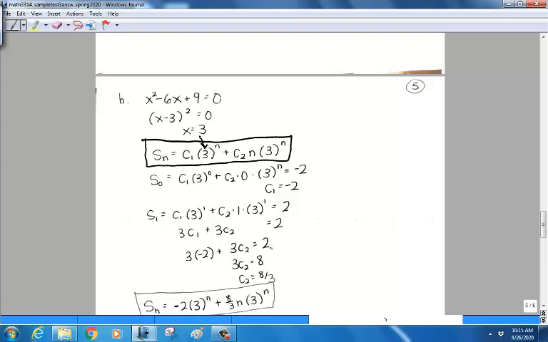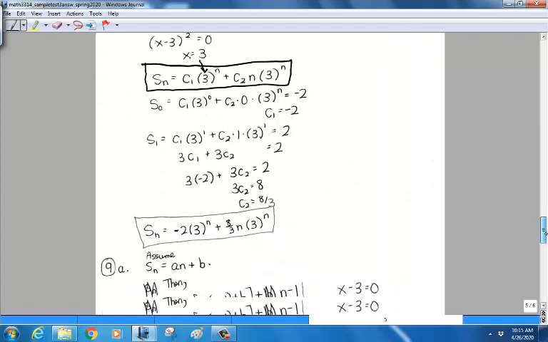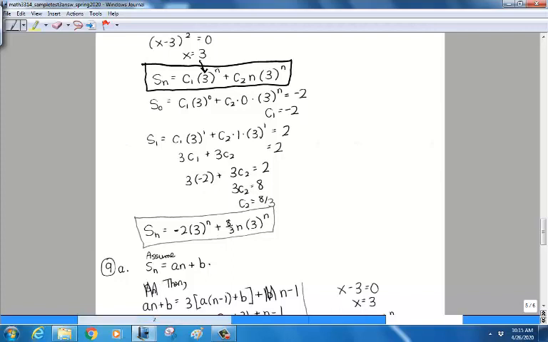So substitute that, solve for C2, and I think we get that C2 is equal to 8/3, right? So there you know what C1 and C2 are, and so you can fill them in, and so there's your final solution for the recurrence relation, all right, with the correct values for C1 and C2 filled in.